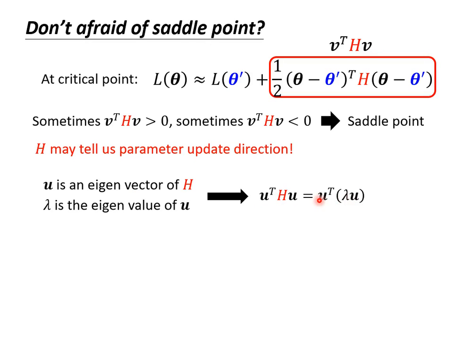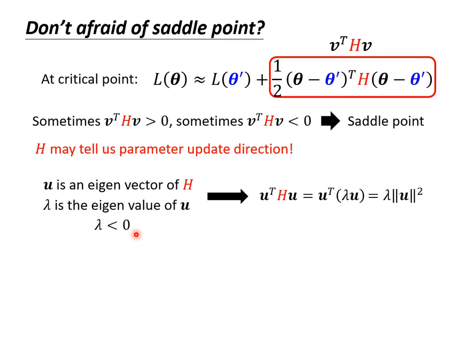So here we will get U transpose multiplied by lambda U. Then tidy up. Multiplying U transpose with U gives the square norm of U. Finally, we get lambda multiplied by the square norm of U. So for this term, suppose V is an eigenvector. If theta minus theta prime is an eigenvector, you will find that this red term is actually lambda times the norm of U squared.